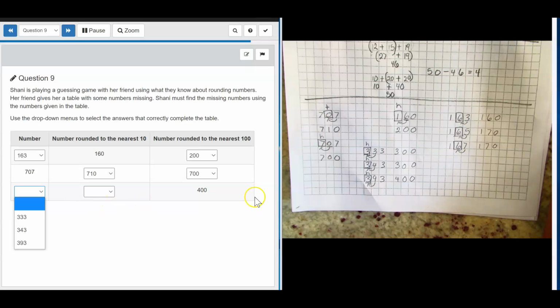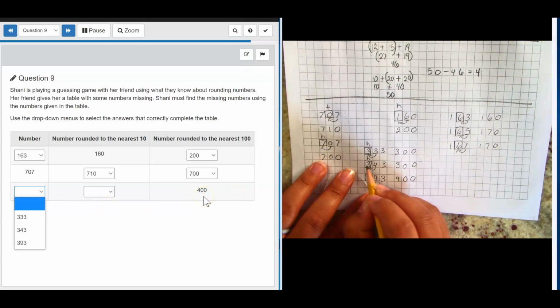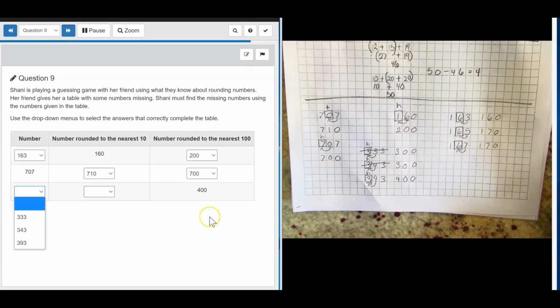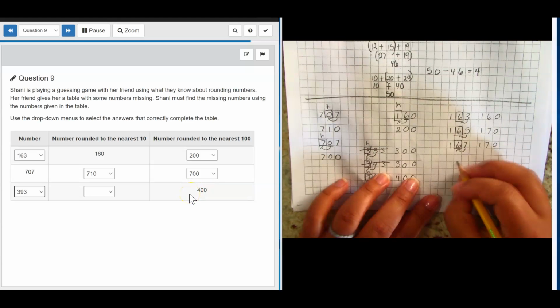Remember, we're looking to see which one will round to 400. So I know that this is not the answer, and this is not the answer. So it's my 393. Now, I can use this number, or you can use this one, whichever you want, but I'm going to use 400, since that's the one they gave us.